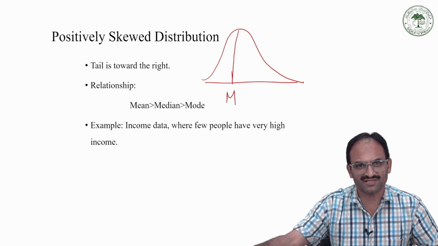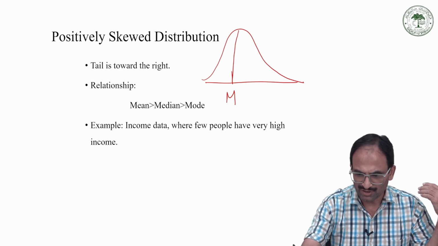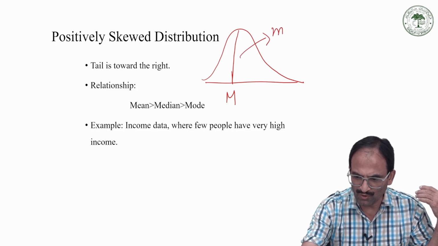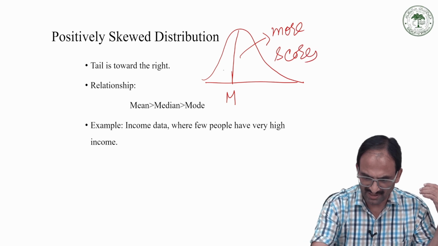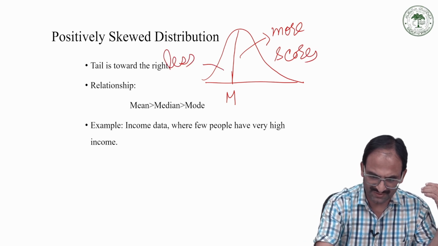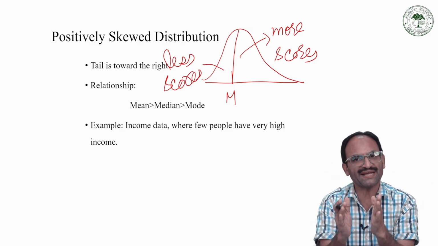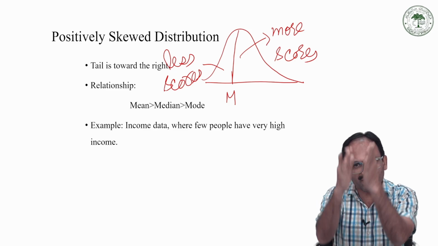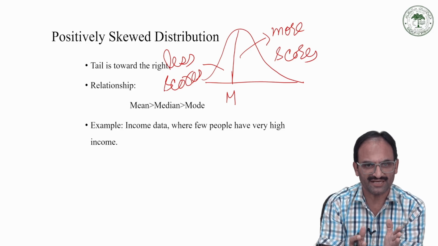The tail is towards the right hand side, and a tail towards the right hand side shows more scores here, less scores here, and this will not be a symmetrical curve. That is, the mean will not divide it exactly into two parts. One part will be greater and another part will be smaller.